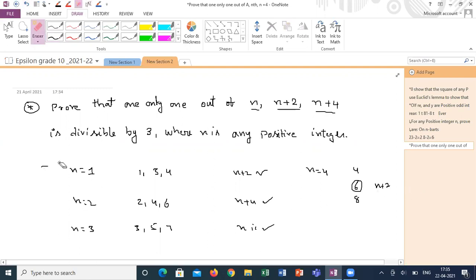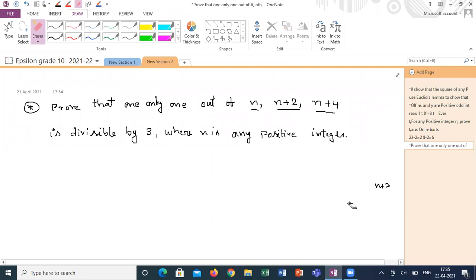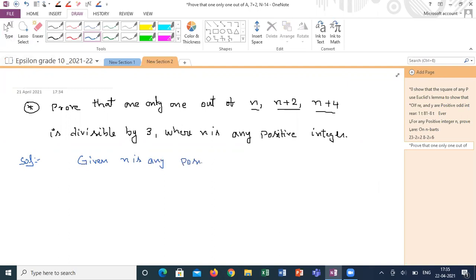Now the question is clear. How will we do this question? What is the first step to initiate this numerical? Given n is any positive integer, we have to prove that for each substitution of n, one and only one can be divisible by 3.